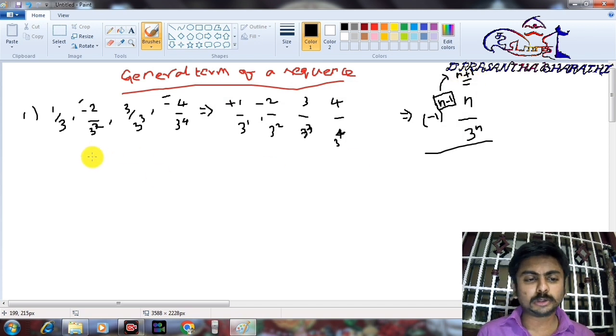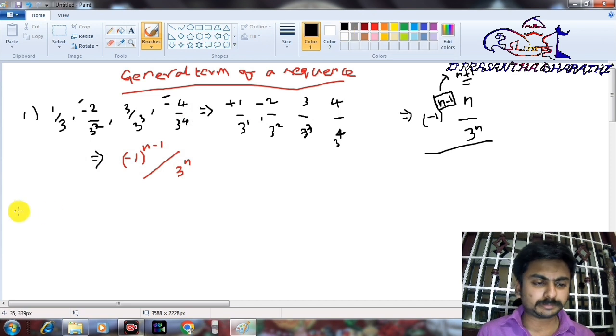So the solution to the problem number 1 is minus 1 power n minus 1 whole divided by 3 power n.